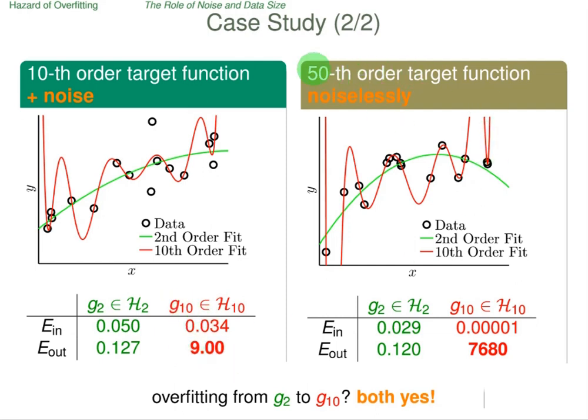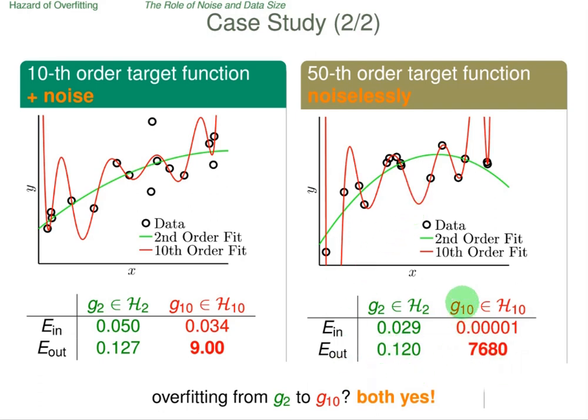How about this case? We had data points generated by a 50th order target function, and we fit second order and 10th order polynomials. The in-sample error of the second order polynomial is okay, it's 0.29, not that bad. However, the in-sample error of the 10th order polynomial is very small, very good, almost zero. Look, the 10th order tries to fit all the data points, passing through all. However, the out-of-sample error of the 10th order, if we compare it with the second order, is very high.